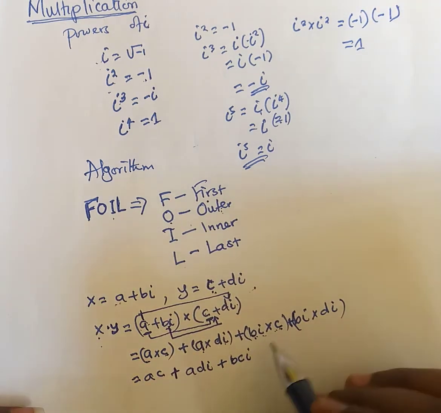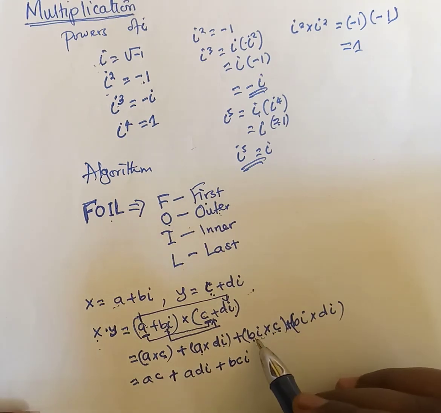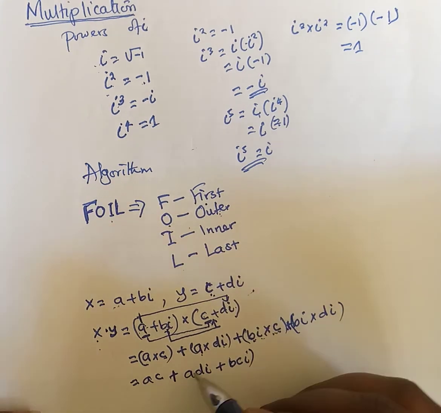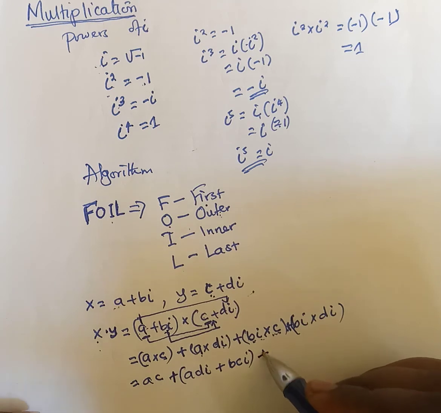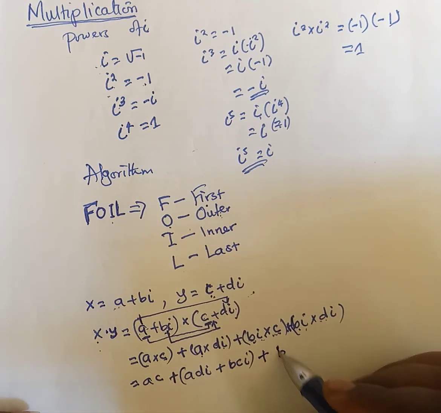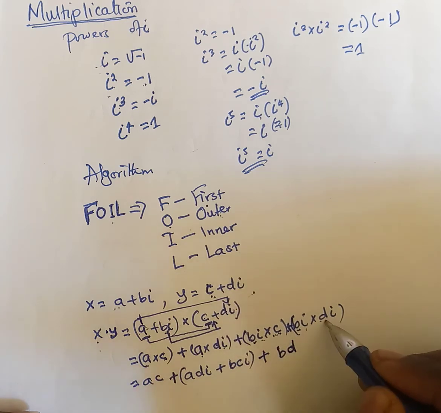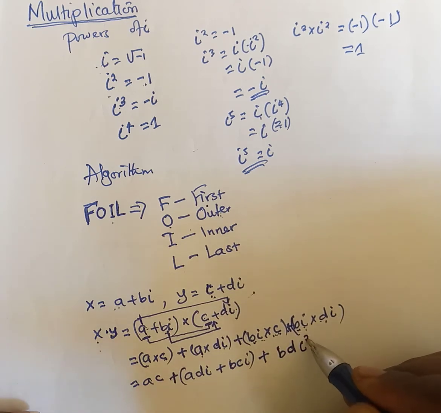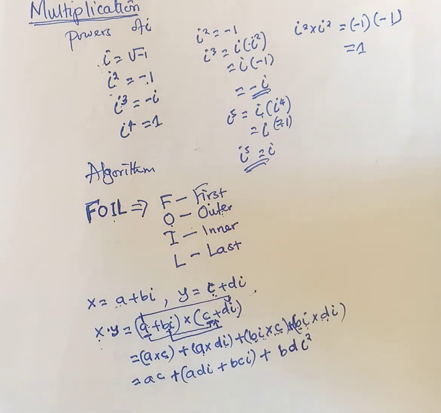I'm multiplying, so I can multiply b and c. And then what was remaining is b times d, which gives me BD. Then i times i is i squared.